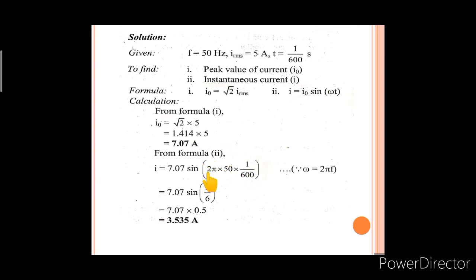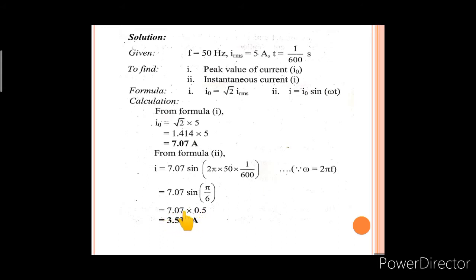So, the bracket term 2 pi f t, when we solve it, we get pi upon 6, and hence the next step becomes 7.07 into sine pi by 6. The value of sine pi by 6 is nothing but half, or we can write it as 0.5.